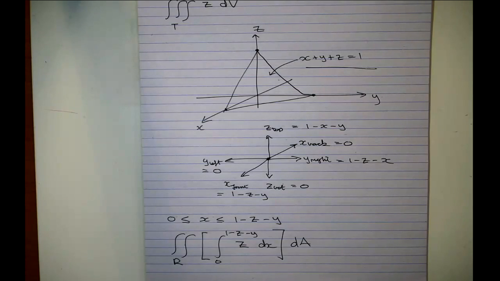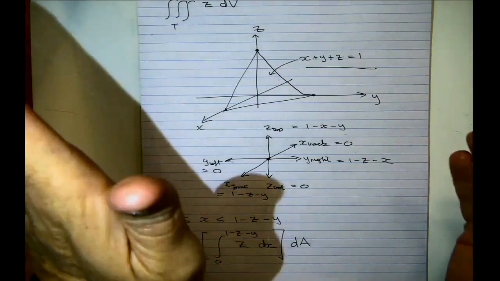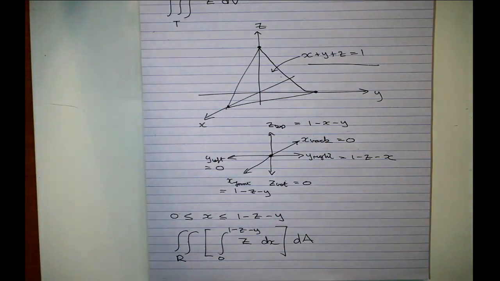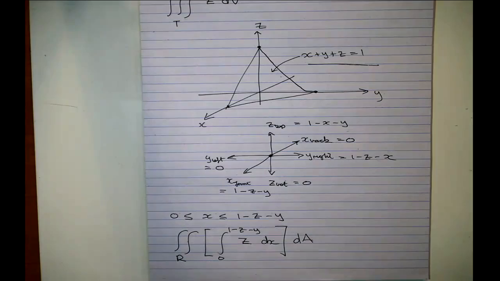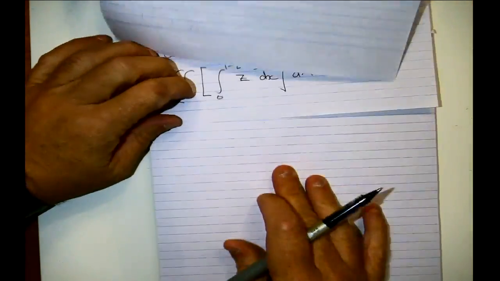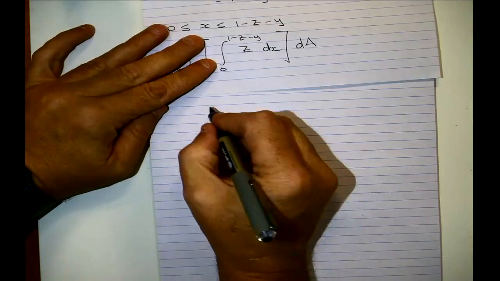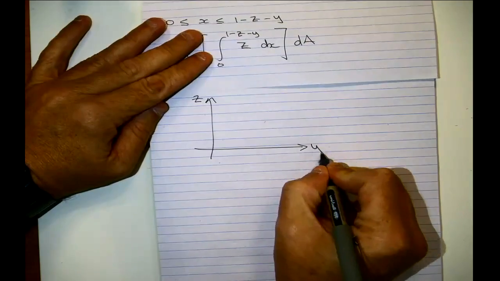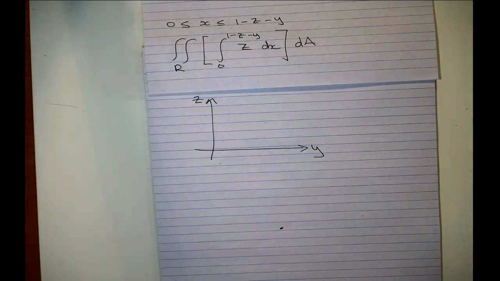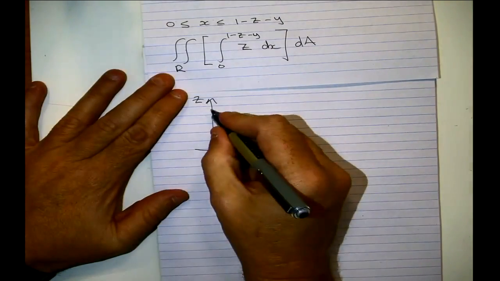If I squash this into the page, you get basically this triangle, with x equals 0. Once I do that projection, because I've decided to integrate with respect to x first, now I've got to do the double integral over the YZ plane, and it looks like this.